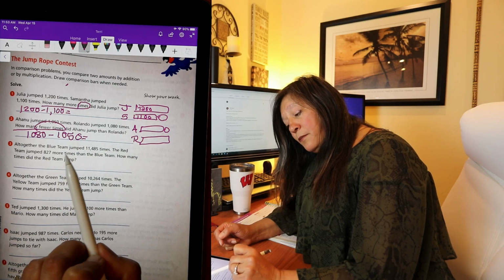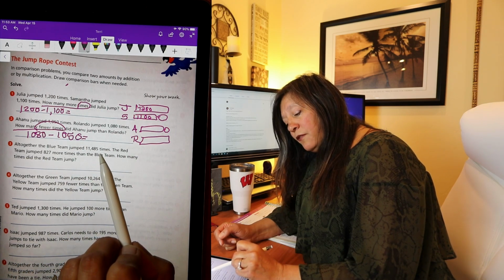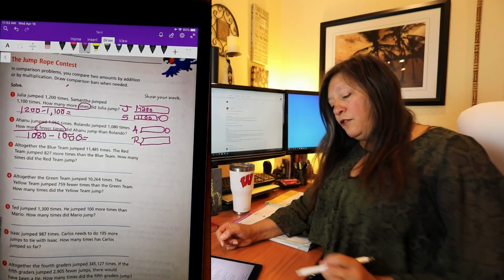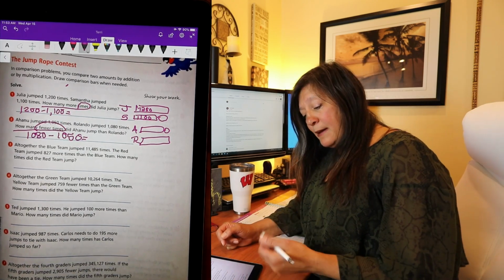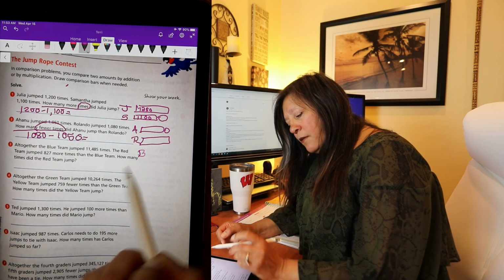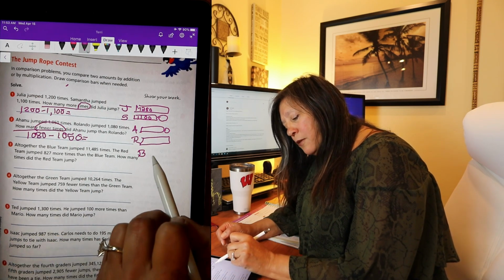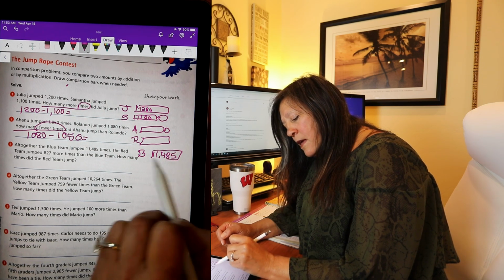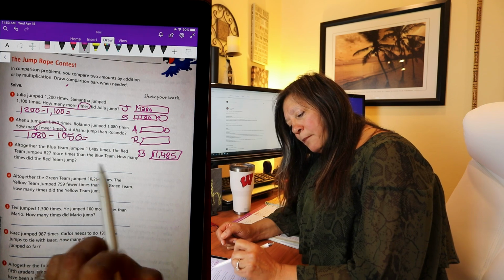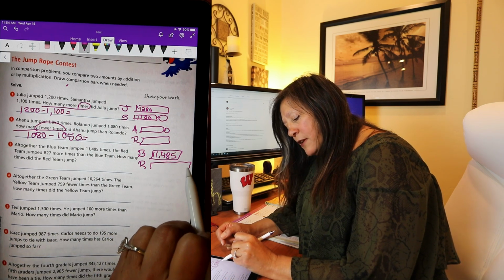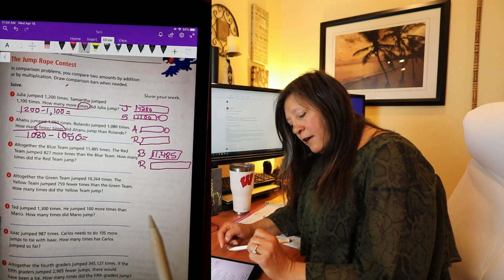Number three, altogether, the blue team jumped 11,485 times. The red team jumped 827 more times than the blue team. If you set up your comparison bars again, here's the blue team. The red team jumped more, so the red team is going to be a larger bar.